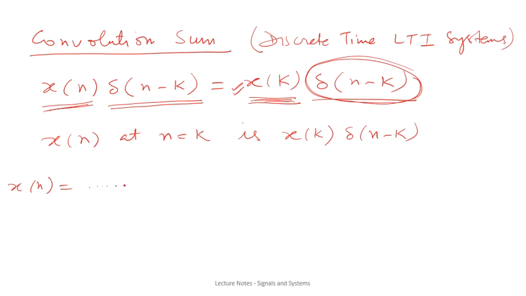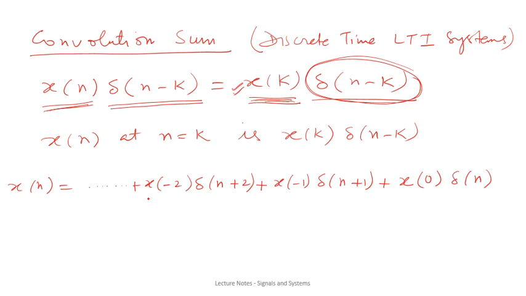So let us suppose x(minus 2) delta(n plus 2) plus x(minus 1) delta(n plus 1) plus x(0) delta(n) plus x(1) delta(n minus 1) plus x(2) delta(n minus 2), and so on. It can be written in this form, this general signal x(n).